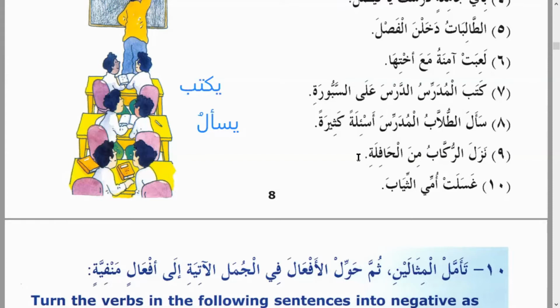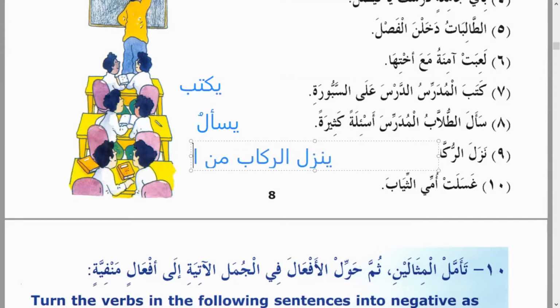Nazala rukabu min al hafilati. The passengers got down from the bus. Yanzilu. Now, yanzilu rukabu. You know, singular we have to use. Right? Yanzilu rukabu min al hafila. Right? Rest all will remain the same.